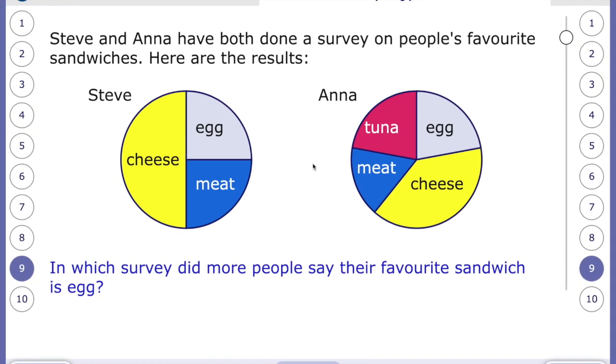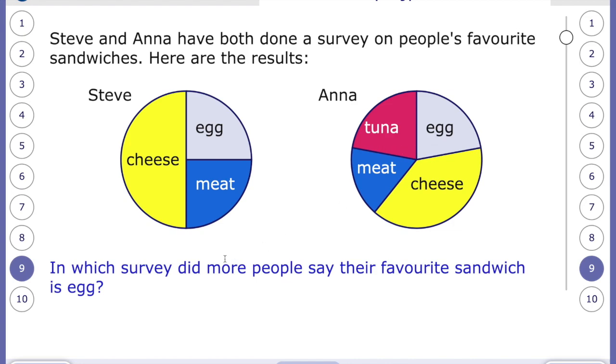Now let's compare pie charts, but you do have to be a little bit careful, so don't get tricked here. Steve and Anna have both done a survey on people's favourite sandwiches, and here are the results. So we look at Steve's pie chart. Half of the people like cheese, a quarter liked egg, and a quarter liked meat. And if we look at Anna's pie chart, we can see people like cheese, meat, egg, and also tuna.